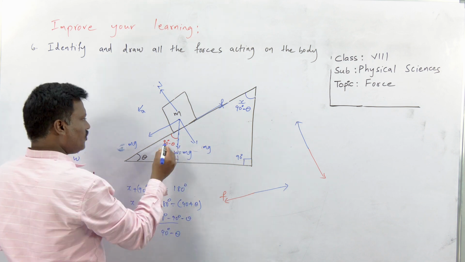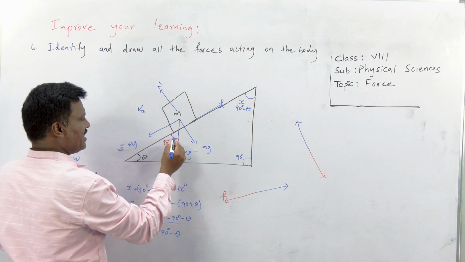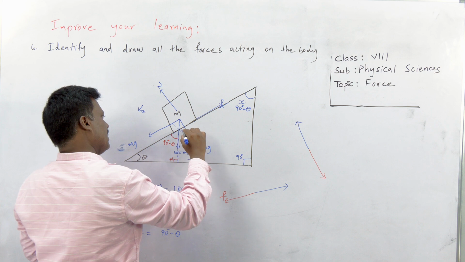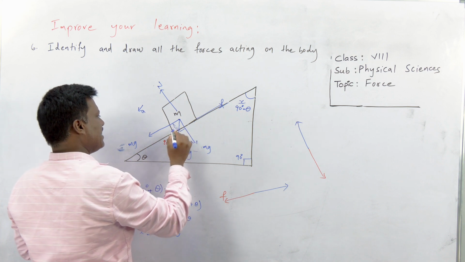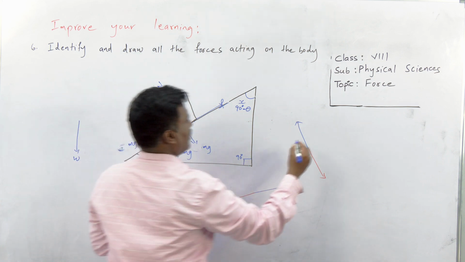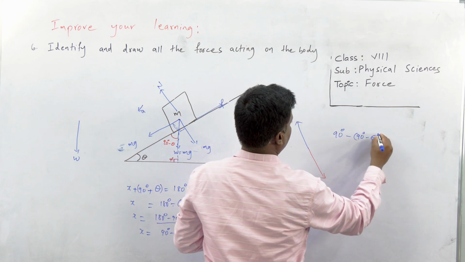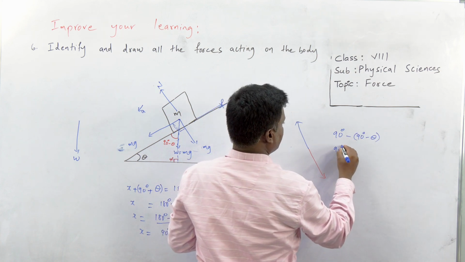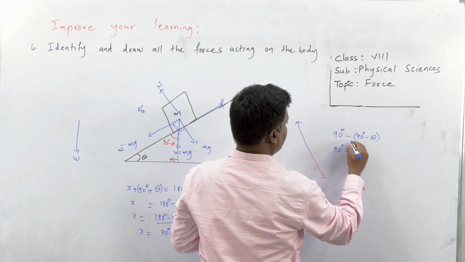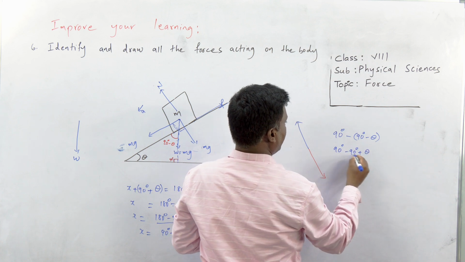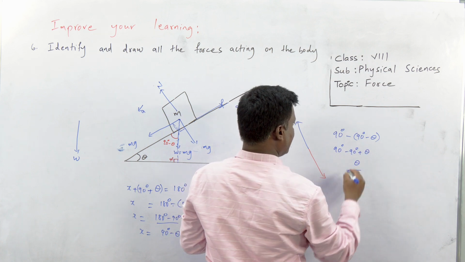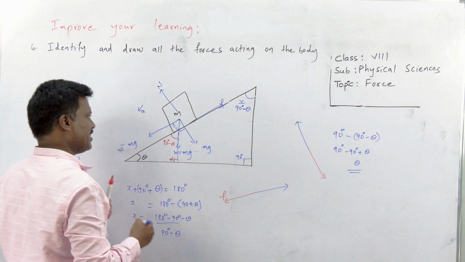Here, this total is 90 degrees, and this is 90 minus theta. So 90 degrees minus (90 minus theta) is equal to theta.